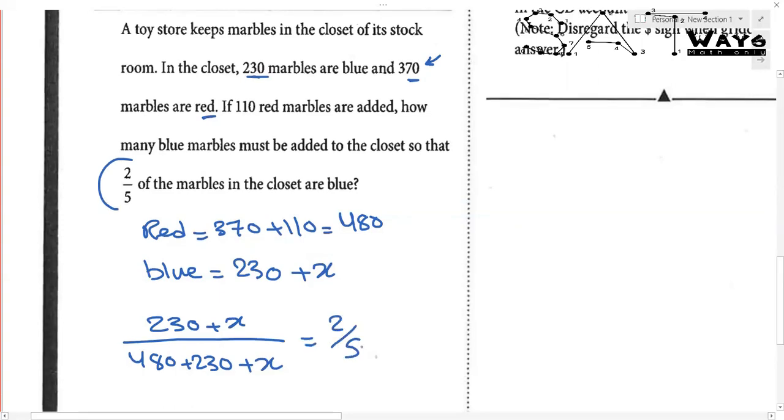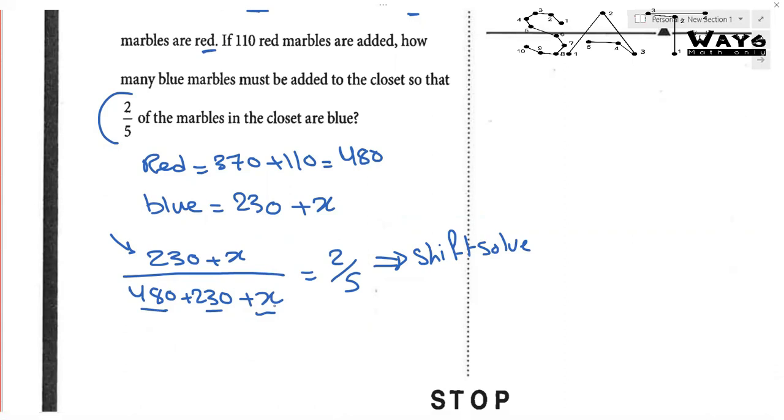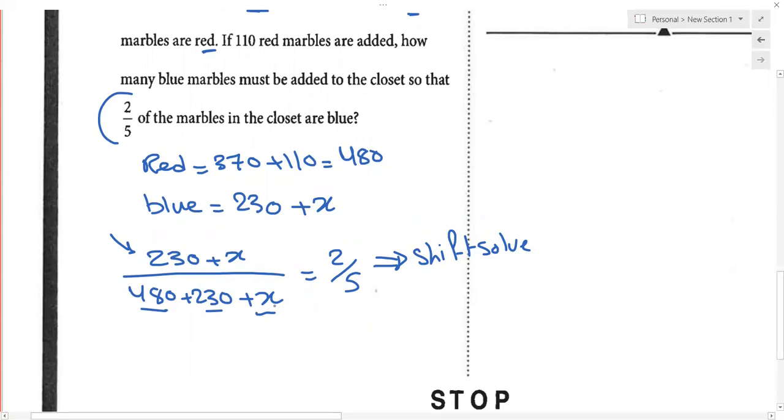And if we have only x as the one unknown, we use shift solve. So it's all about blue up, total down, total red and blue, and the additional number that we're going to add. So 230 plus x divided by 480 plus 230 plus x equals 0.4. So shift solve, x equals 90, and this is it.